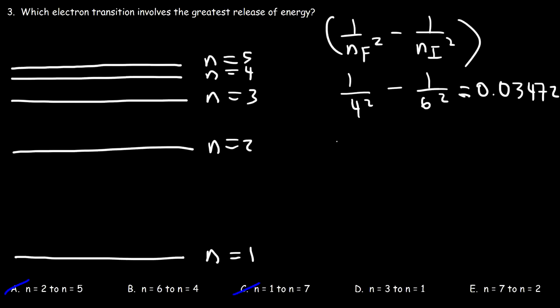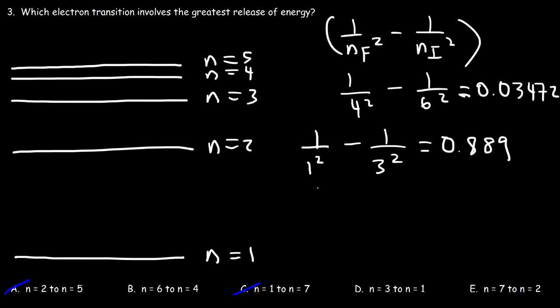Now let's do the same for answer choice D. So it's going to be 1 over 1 squared minus 1 over 3 squared. So this is going to give you 0.889. It's basically 0.8 repeated.